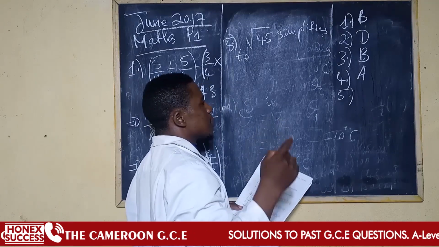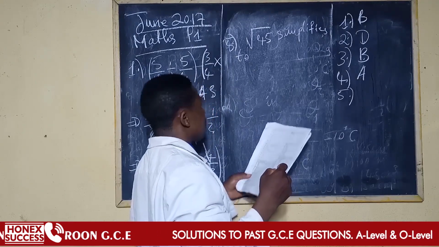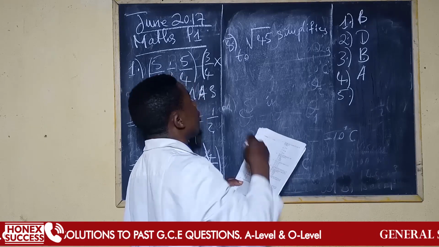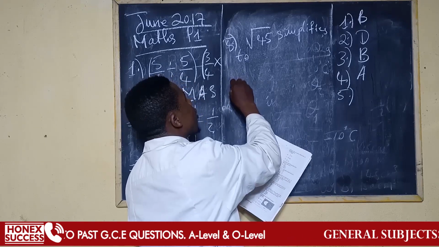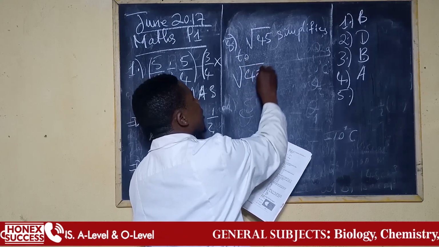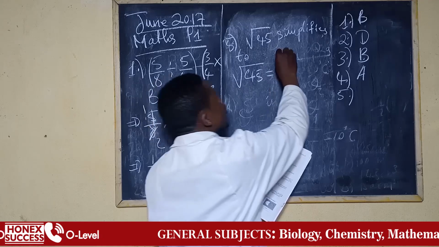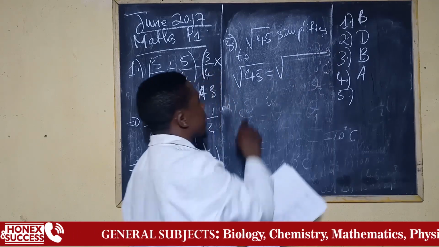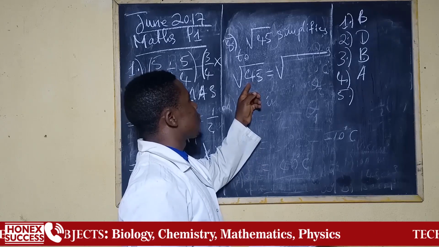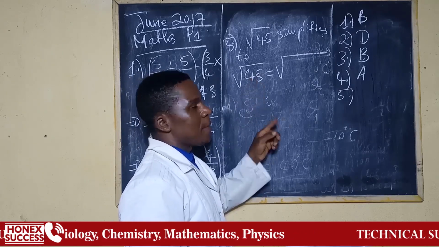So what do you do? You write the square root of 45 equal to the square root. You break it down, you ask yourself, what is that perfect square that if you multiply by another number is going to give you this result under the square root? So I think of a perfect square. What is a perfect square?